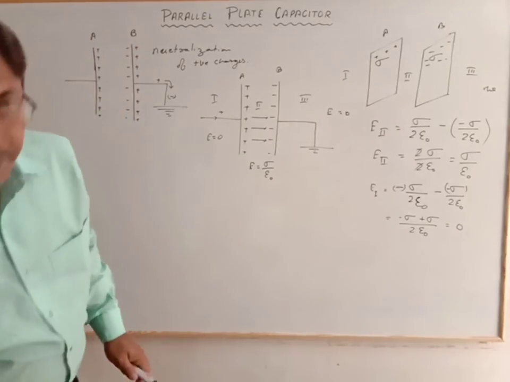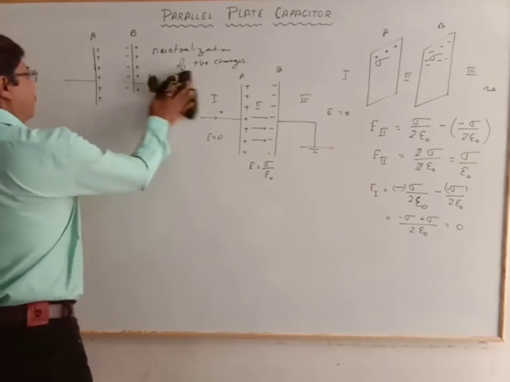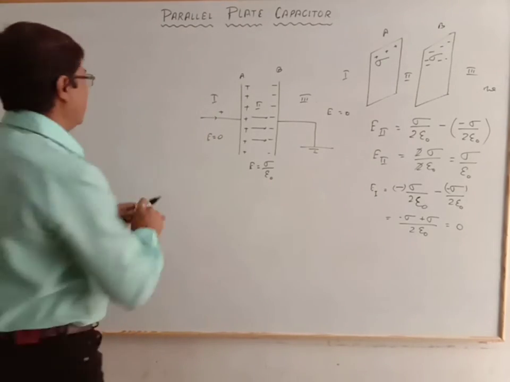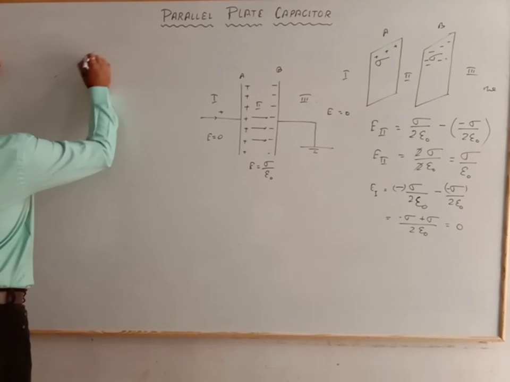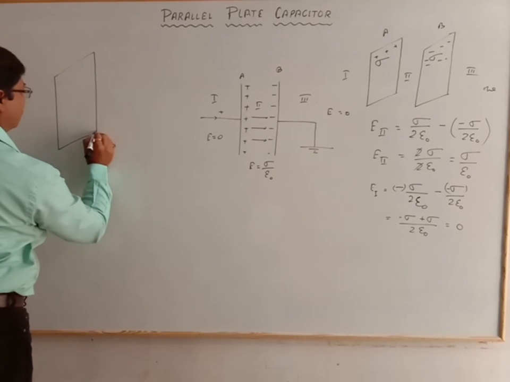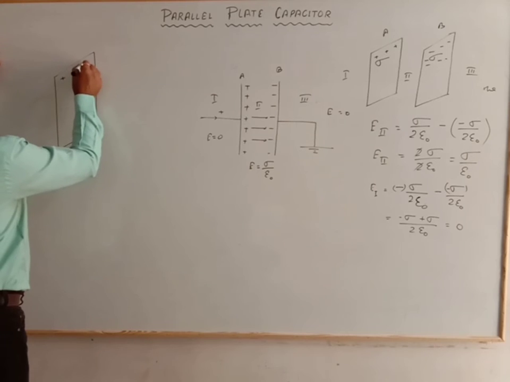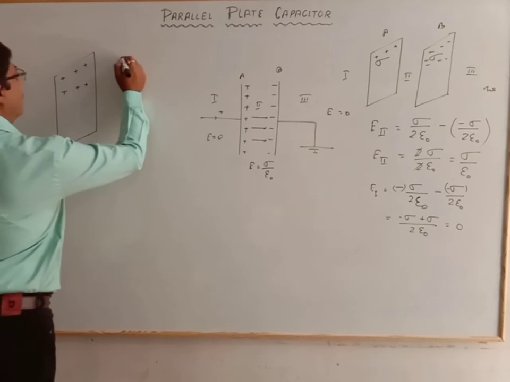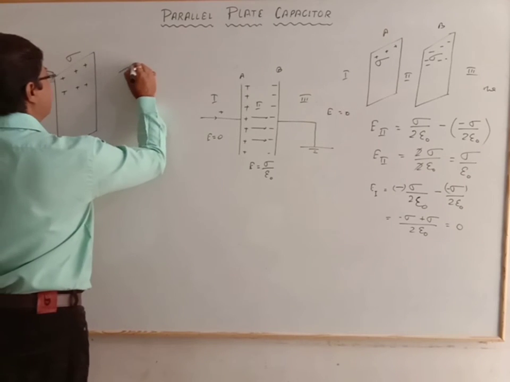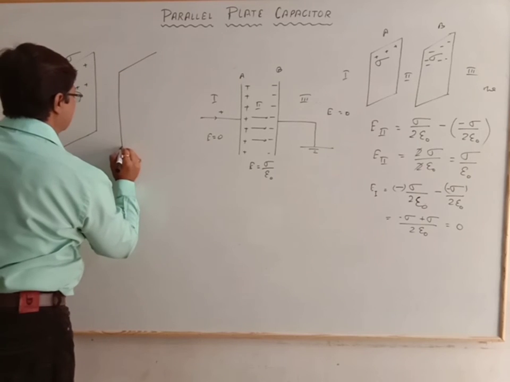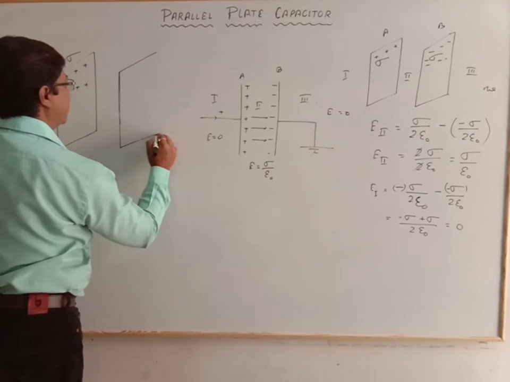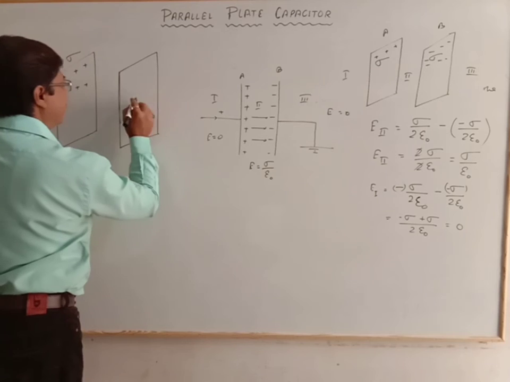Now we will see the electric field in this way. If we consider a plate like this, and this plate is the positive plate with surface charge density sigma, and another supporting plate which is negative, and that is earth.